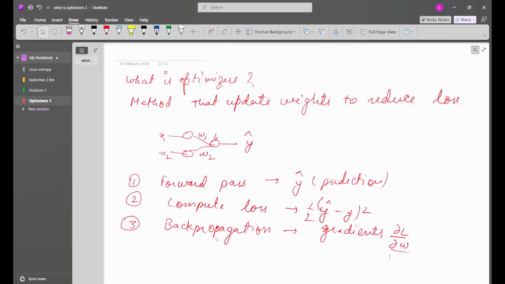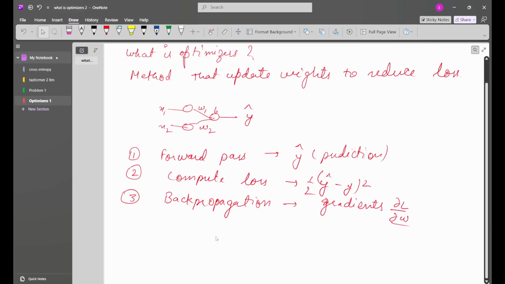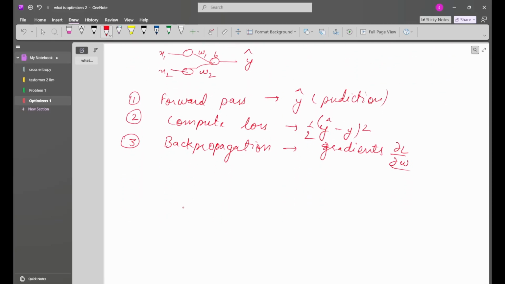Now let's understand why we are using optimizers to update weights. What is the necessity? Firstly, a neural network does not change weights itself.